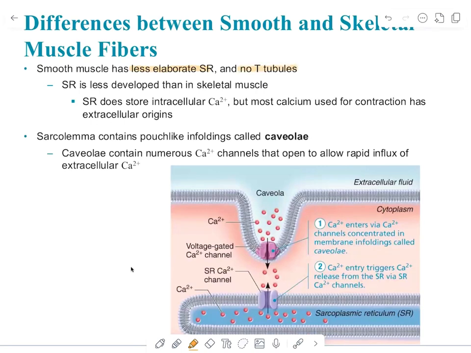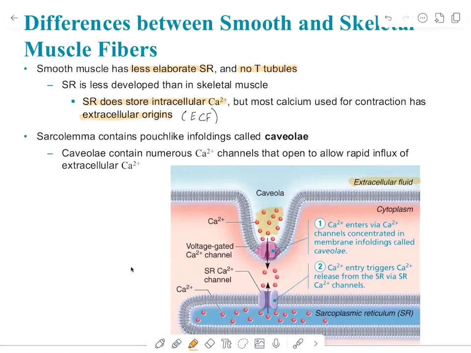So, since the sarcoplasmic reticulum is less developed, it does store intracellular calcium, but most calcium comes from extracellular fluid origins, basically from the ECF. So you can see this is the extracellular fluid here, and we would have some calcium in it as well. This also happens in cardiac muscle.